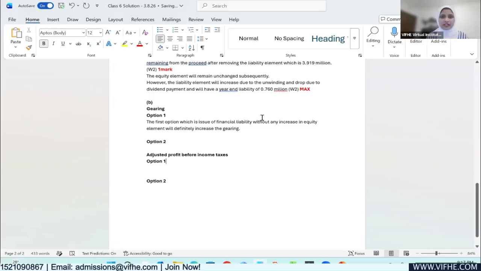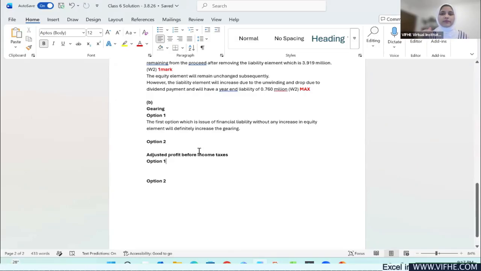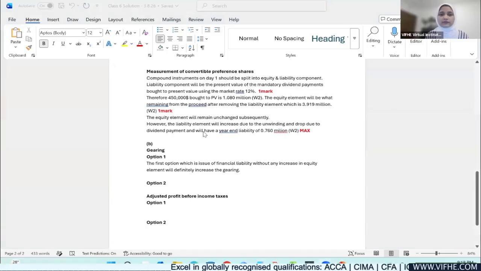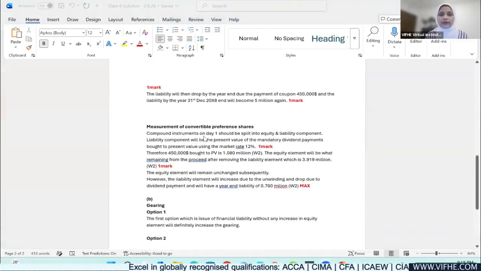If I am issuing financial liability, you all know that it has an impact of interest element also, which is sitting in finance cost. Will that finance cost impact your adjusted profit before income taxes? Will it drop? Will it have any impact? Yes or no? The first option, will it have any impact on the adjusted PBIT? Will it drop my profit before income taxes? Yes, it will. Okay.